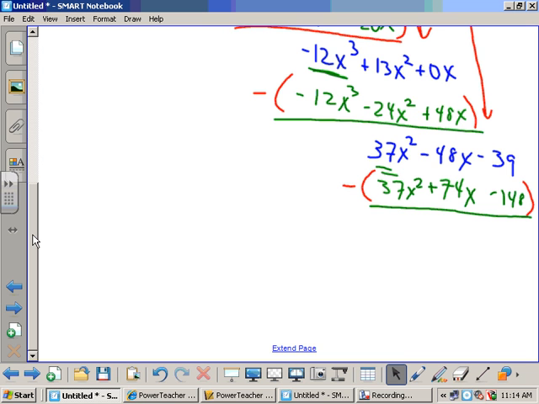Next we have negative 48 minus 74, negative 122. Negative 39 plus 148, 109.